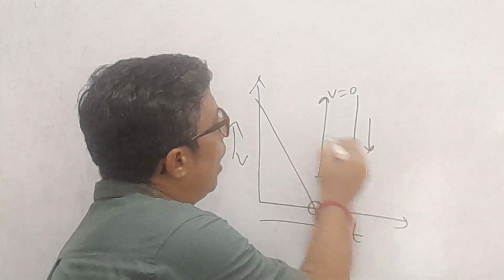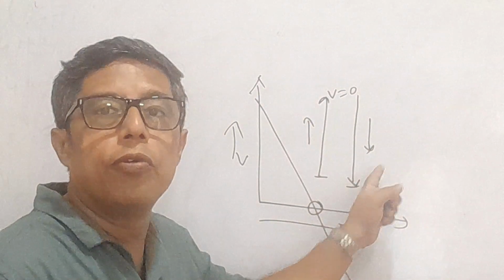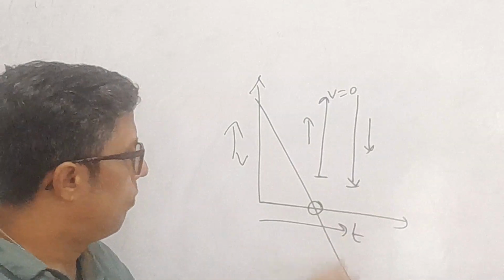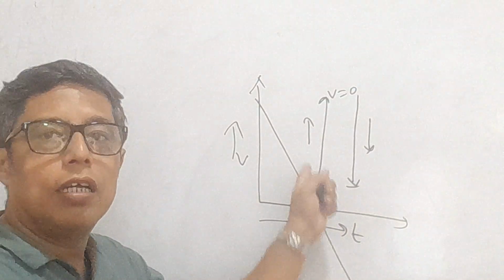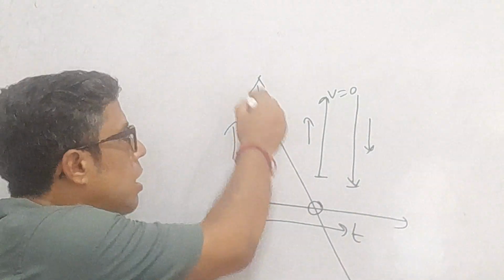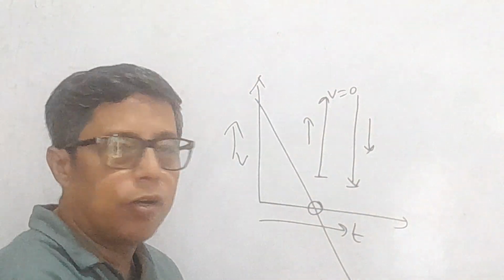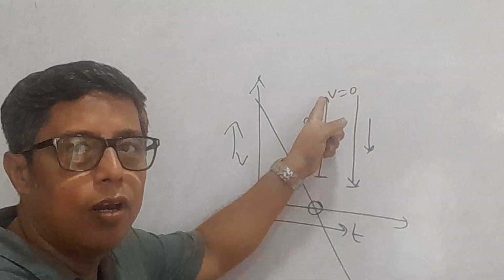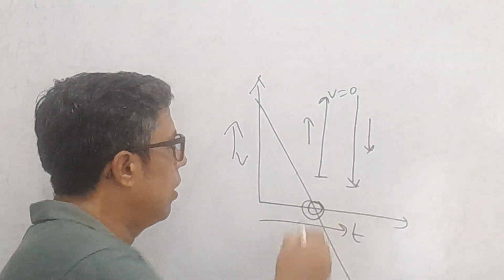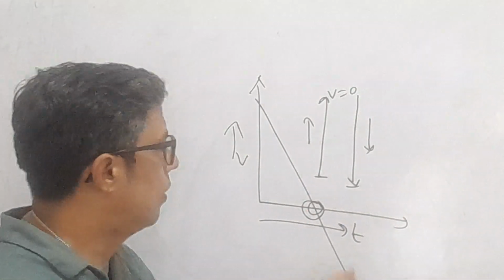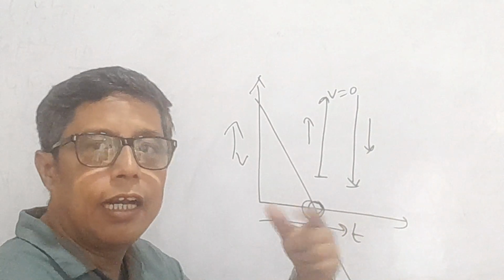When it is coming back, the direction is opposite, so the velocity vector will be in the downward direction. So this represents the velocity-time graph. When you throw a ball upward, it goes to max height, velocity 0, it comes here, then again it goes in this direction, because the velocity direction is changing.